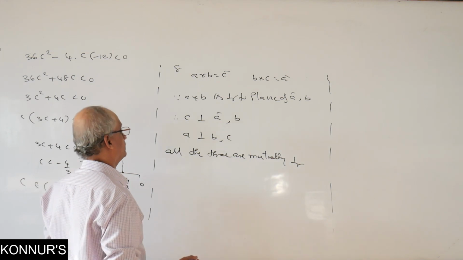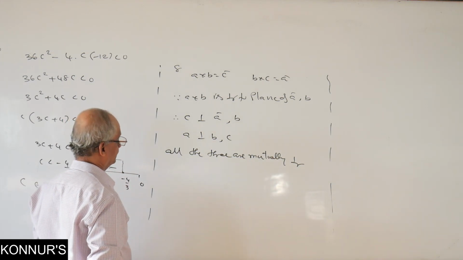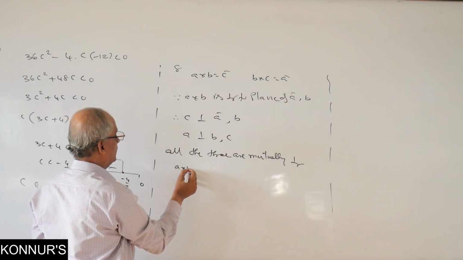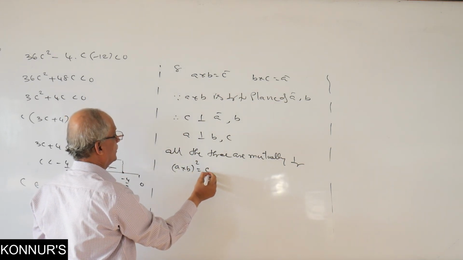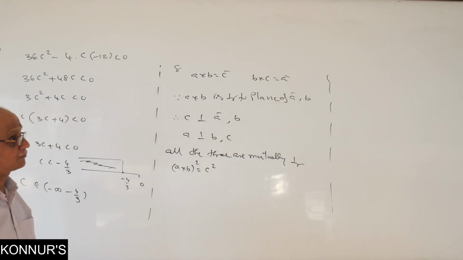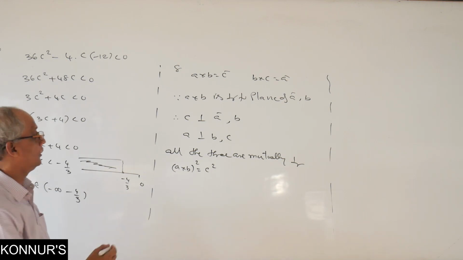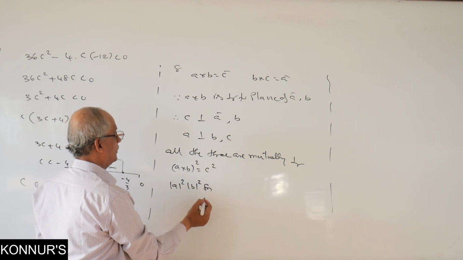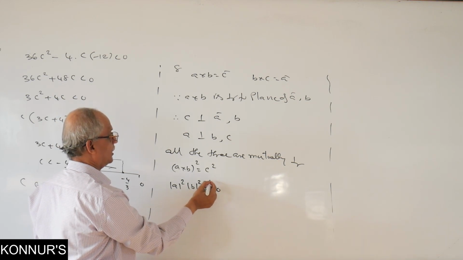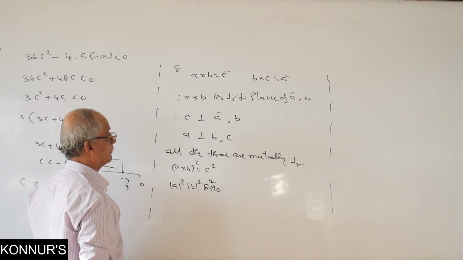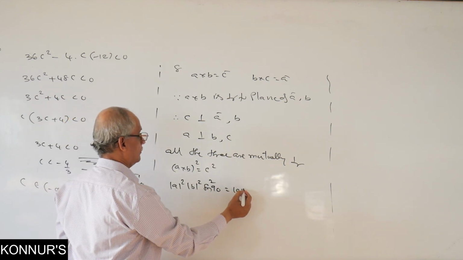That was all. Then, |A cross B|² = C². What is the cross product? A² B² sin²θ, because they are perpendicular, equals C².